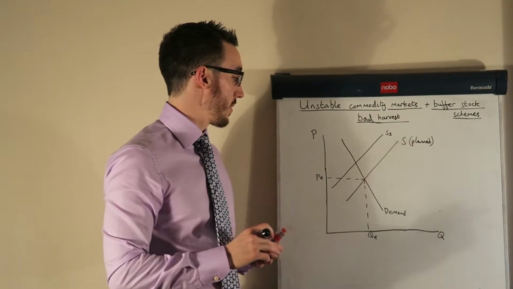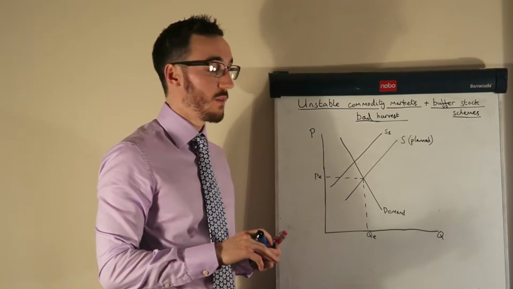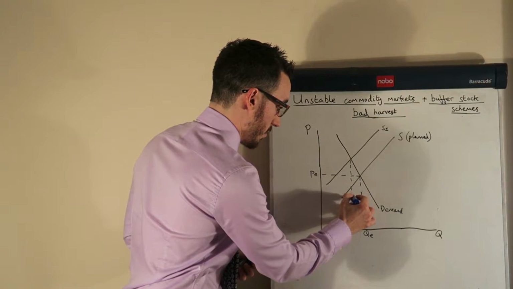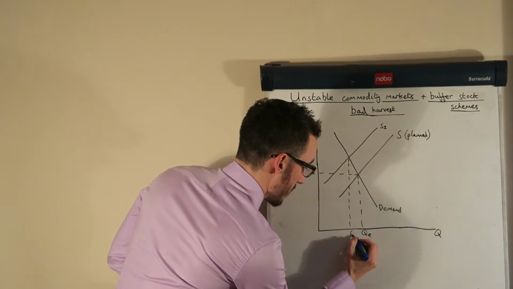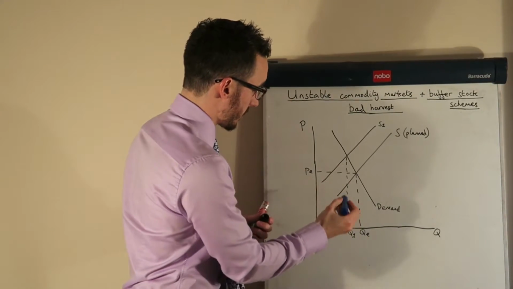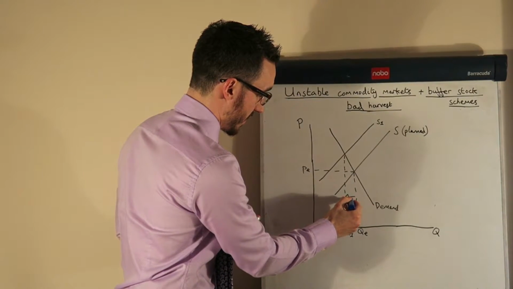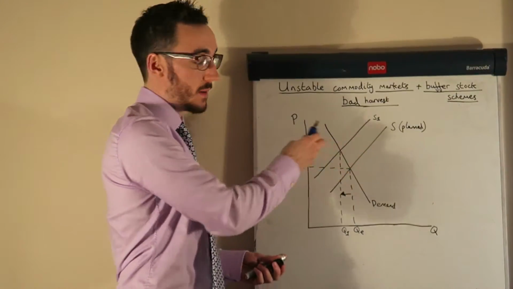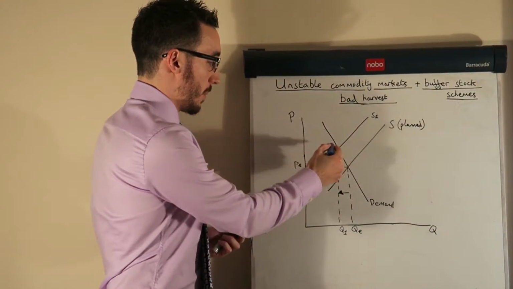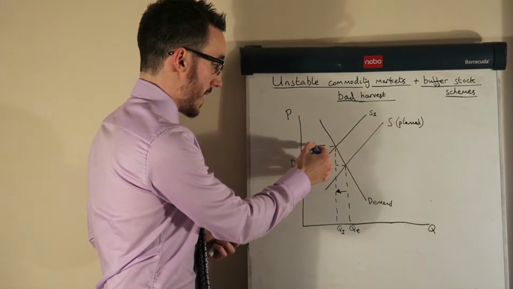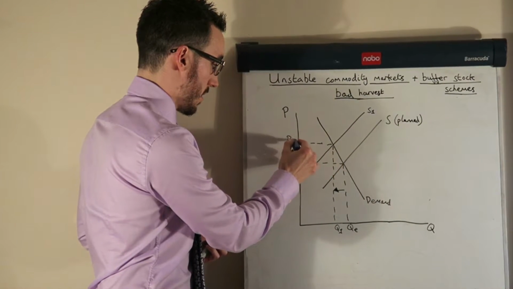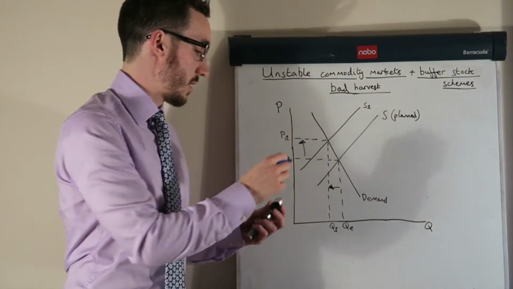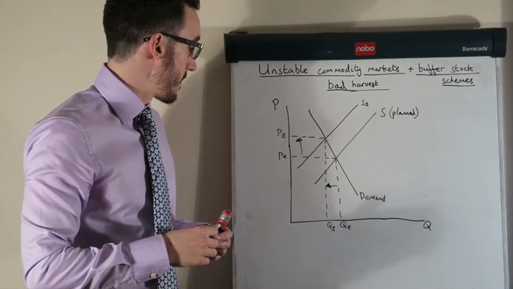So what will that do then to the price of that commodity? Well, firstly, we show the quantity change, Q1. As you can see, the quantity has shifted to the left. There's less quantity than we thought there was going to be in the market, and price has therefore risen relatively by a large amount.